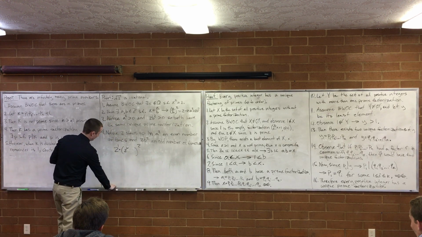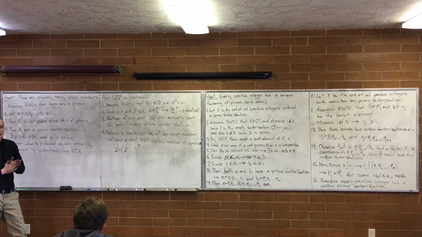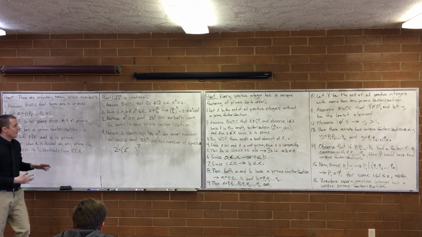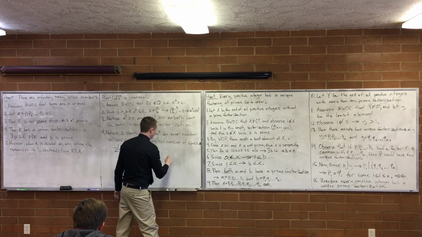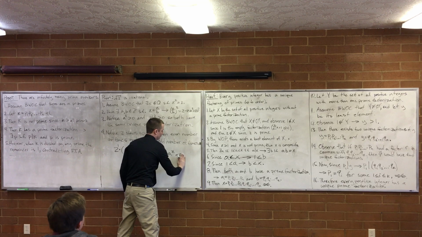Sorry, I didn't write that very well. The language isn't good, but the idea there is pretty simple, right? And then the way that we did it before, when we proved that these two things were equal, we got to the same point. We said a squared is equal to 2b squared.